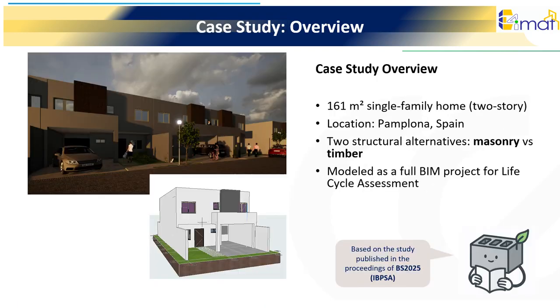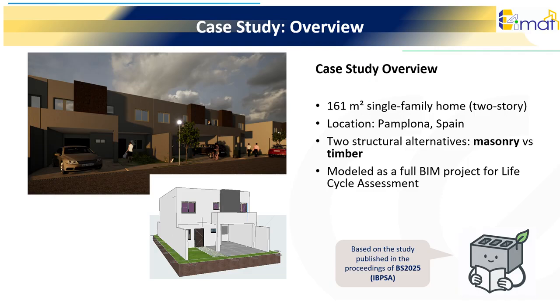In this module, we will work with a real-world case study, derived from the paper Building Information Model, BIM, and Life Cycle Analysis Tools, a comparative study with specialized software for environmental performance of buildings, published in the Proceedings of BS 2025, IBPSA. The project is a 161 square meters single-family home located in Pamplona.